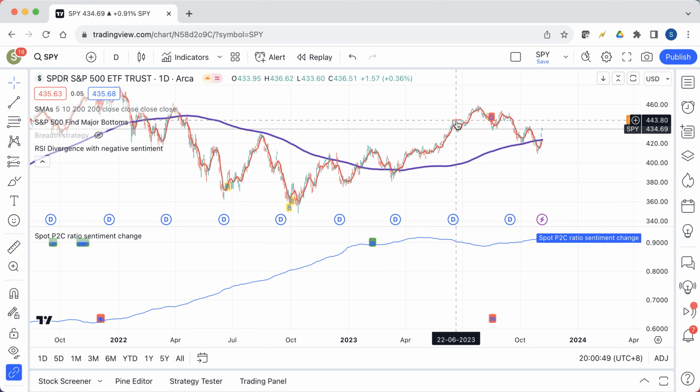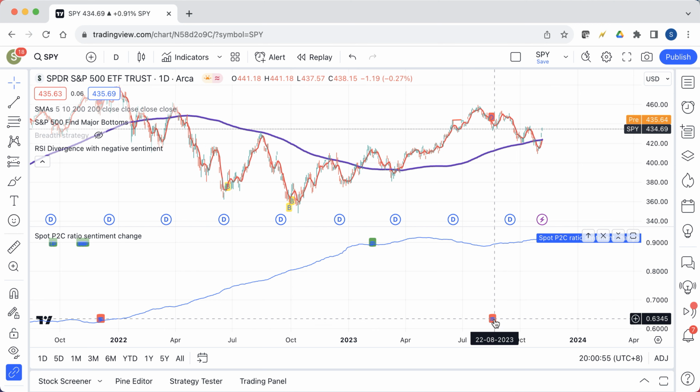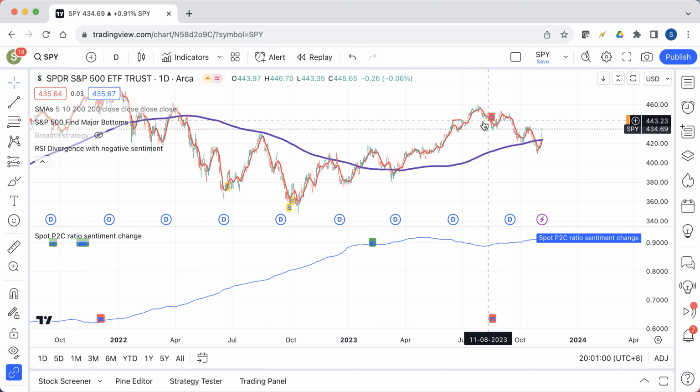It's detecting that pattern. And then if that pattern is followed by a sentiment change from positive to negative, then that usually identifies a significant or major top of SPY. Not 100%, but it does a pretty good job of finding such significant tops.